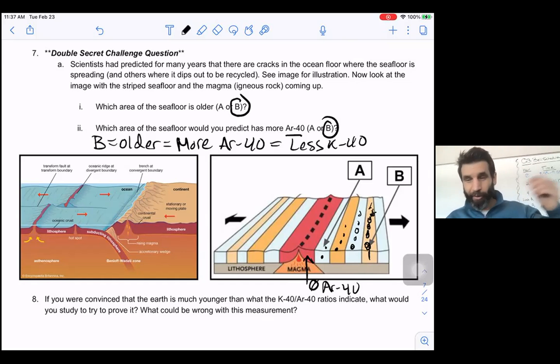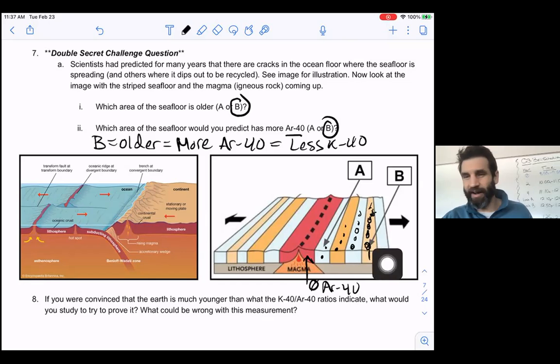And more recently, scientists have predicted and identified that the magnetic poles of the Earth flip in a very clockwork fashion. And there are other ways that scientists have seen that happening. And that matches with the seafloor spreading as well.